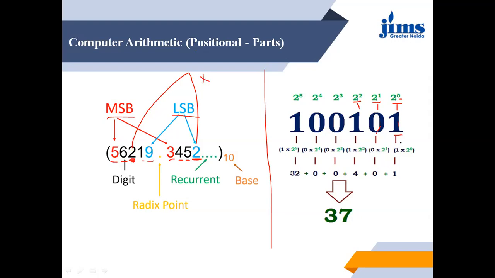So by multiplying the number with its position, we can find out the final value of these numbers as per their position, and finally we can convert this number to decimal.